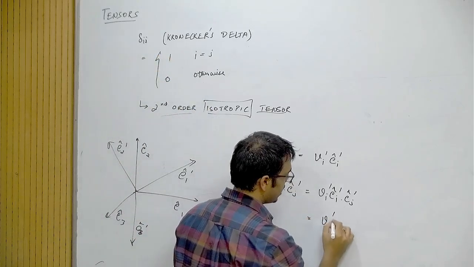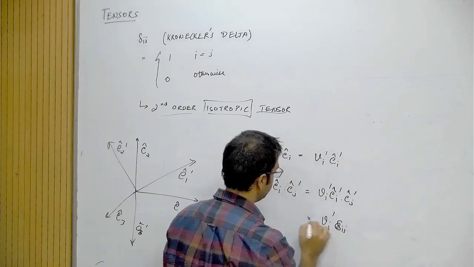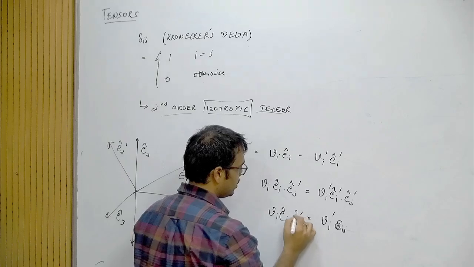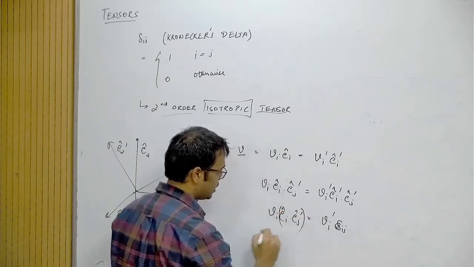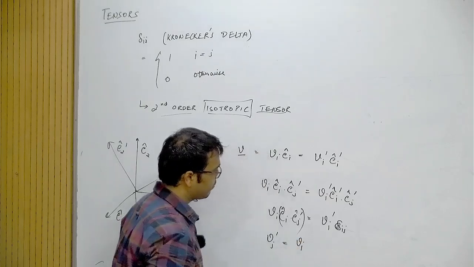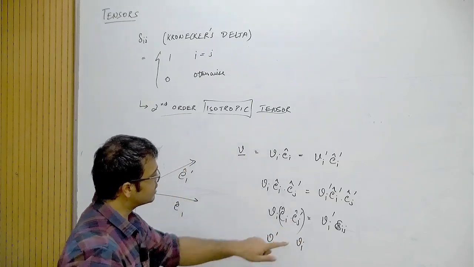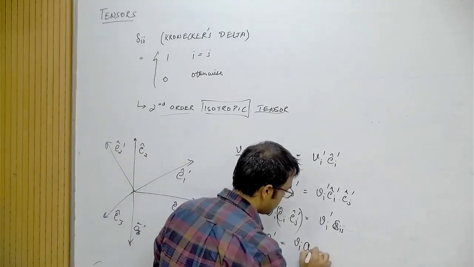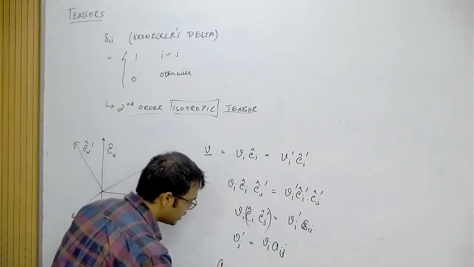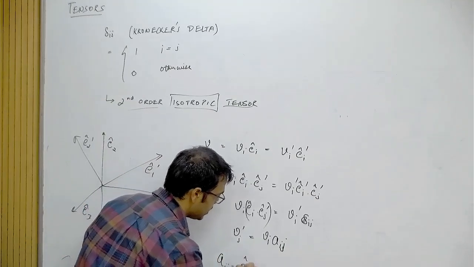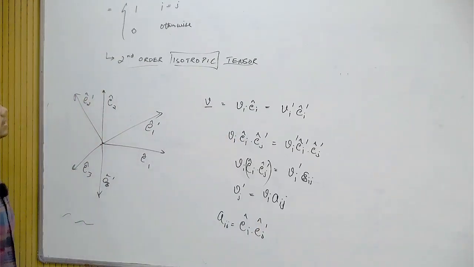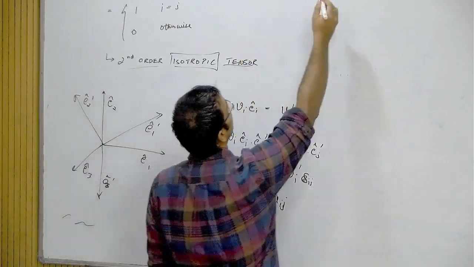So this is v i prime delta ij, and then v i e hat i dot. Okay, and then we can write this as v j prime is v i, and then I can write this as, let's say, a ij. So let us say we define this a ij as e hat i dot e hat j prime. Then a tensor is a quantity, let's say any order tensor.